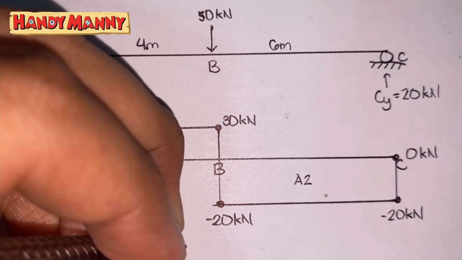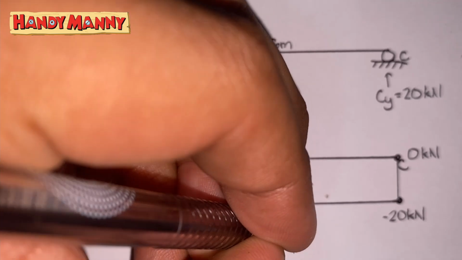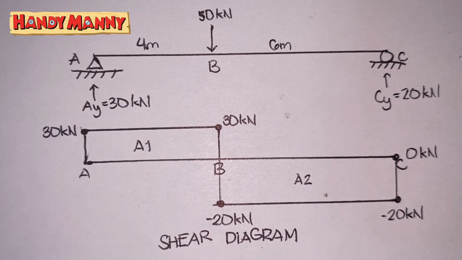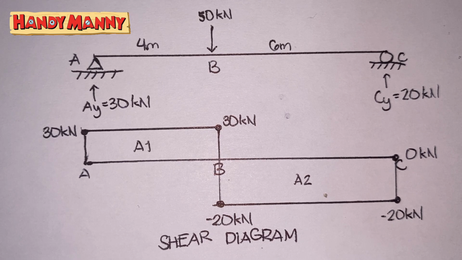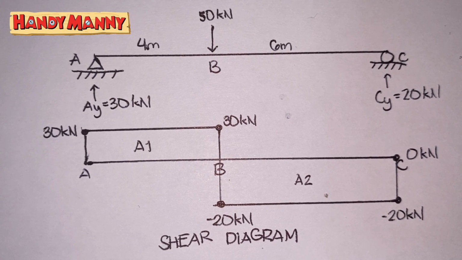The forces are the strongest at the supports, and in the middle, they're smaller. This diagram helps engineers know where the beam is most likely to feel the pressure of shear forces. Got it? I get it. So the diagram tells us where the beam is being pushed or pulled?